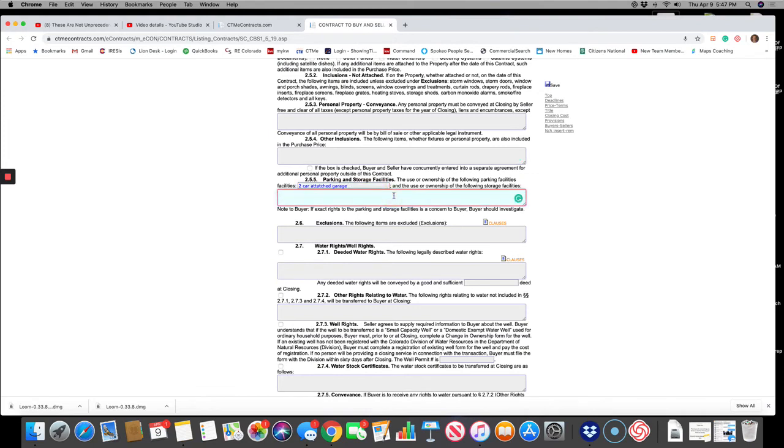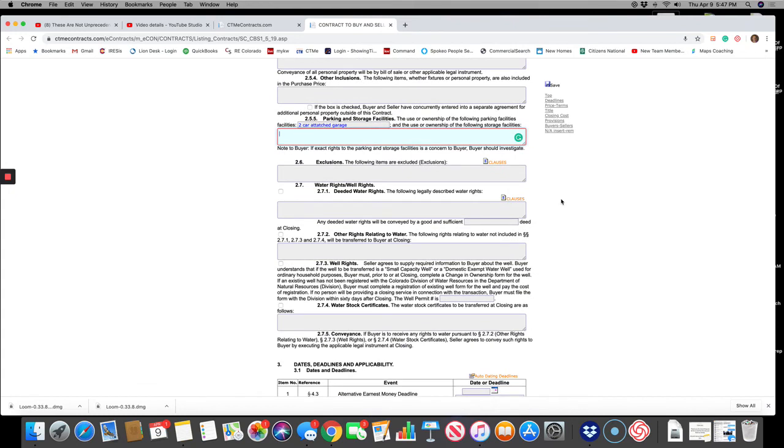Down here, this would be your storage facility. So it could be a shed, it could be a barn, it could be an outbuilding, a Quonset hut. Let's say you have a 2-car attached garage and also a 4-car detached garage. Is it labeled a barn? How's it deeded? Make sure that this is all in there in its specific manner. And then in section 2.6, you have your exclusions.